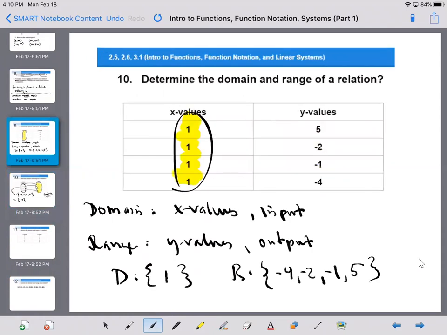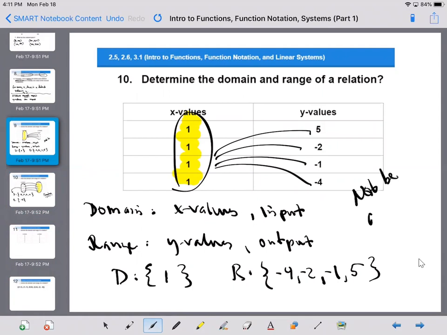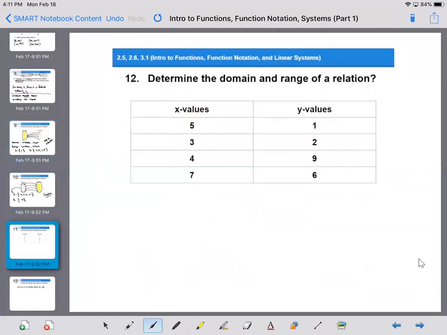Here, for every x, there is a different y. And so this one-to-many is not going to work, and this would not be a function. Domain here, we would say 3, 4, 5, 7.